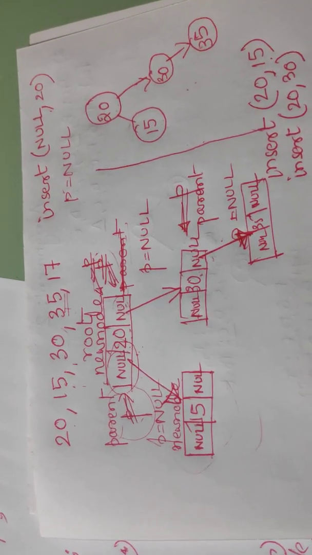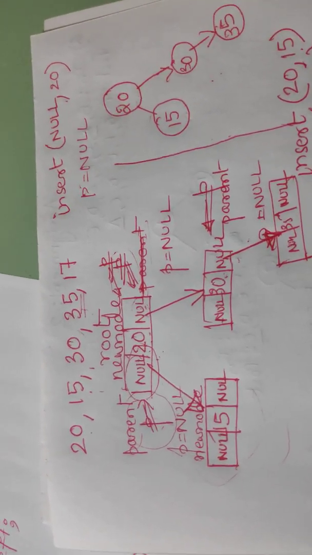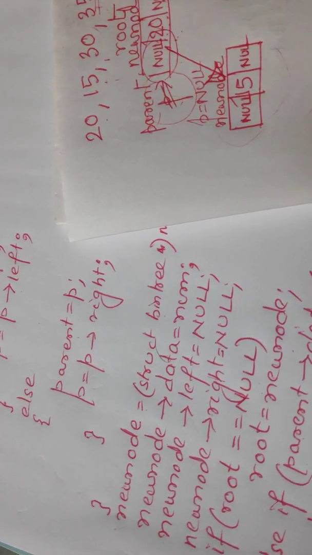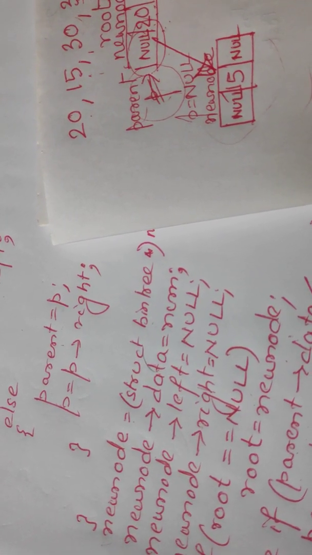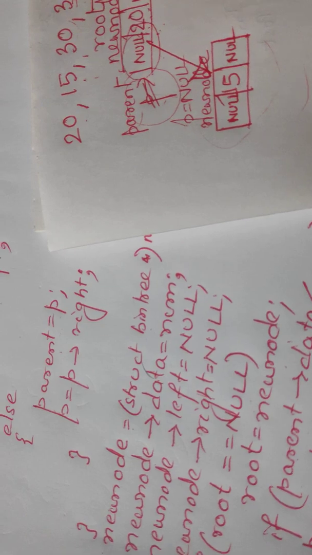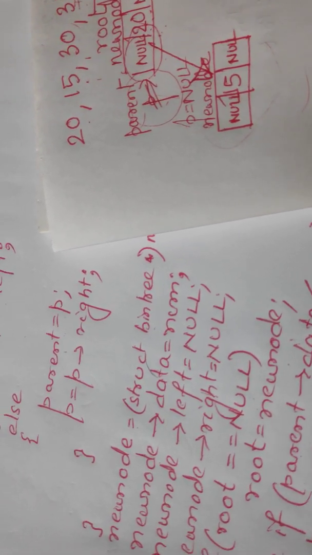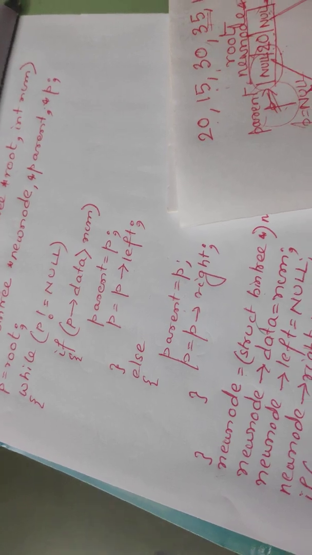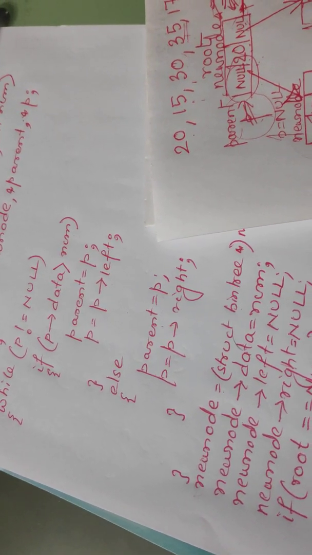The first part is to find out which node will become the parent node of the newly created node, and the second part is to create the node and then attach the new node in the left or the right subtree of the parent node, depending on the value stored in the parent node. Right? So that is how the insert algorithm works.